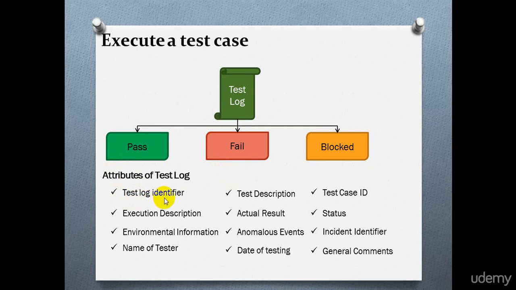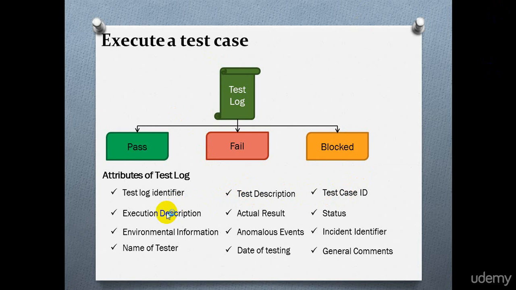Test log identifier is used to identify the test log. Test description, which describes all the information about the items being tested. A test case ID is used to uniquely identify the test case.